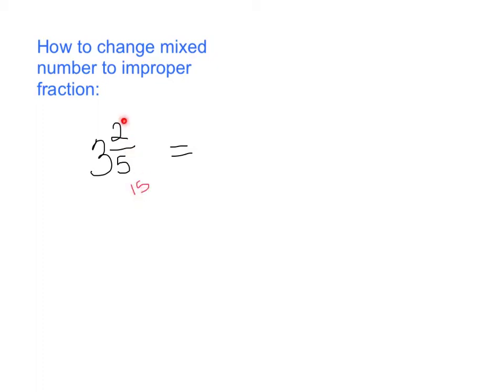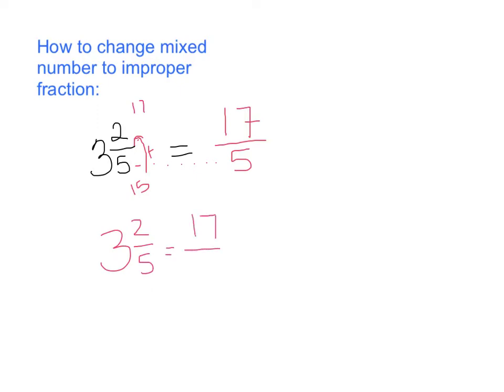So 15 plus 2, I add this to that, and I get 17. And I bring it to the side by just setting this over to become my new numerator. But I still have all of these pizzas cut into 5 pieces. So 3 2/5 is the same as 17/5. Those are the same amount of pizza, just written in 2 different ways.